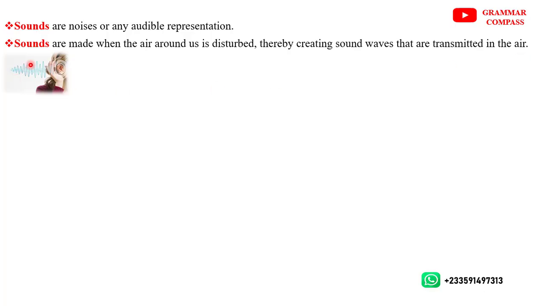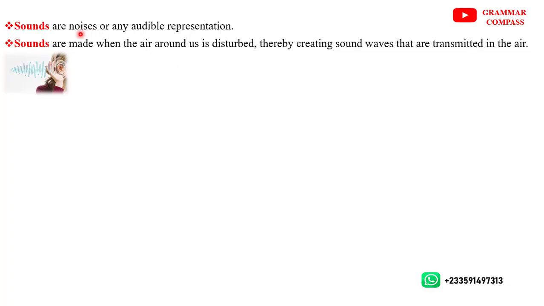That is what we see in the picture marked in blue. These sound waves are transmitted through air and finally received by our ear. This is how sounds are made, through the disturbance of the air around us.